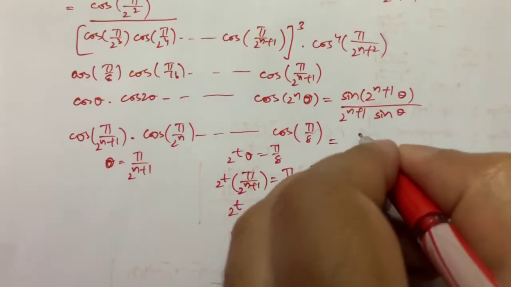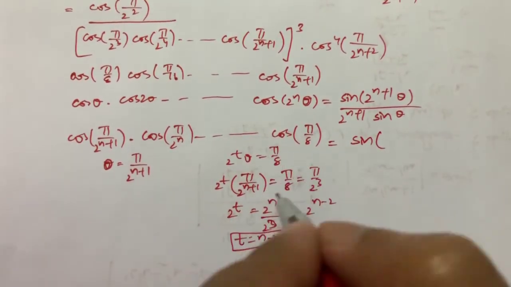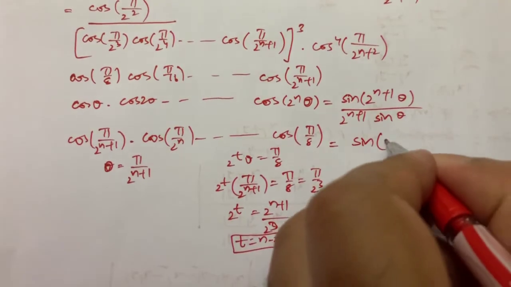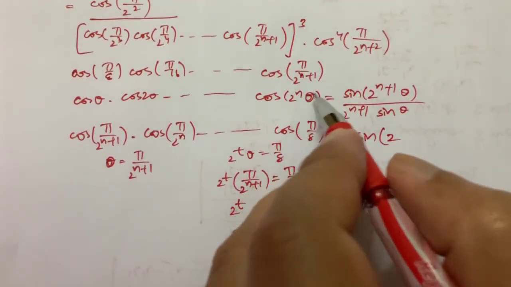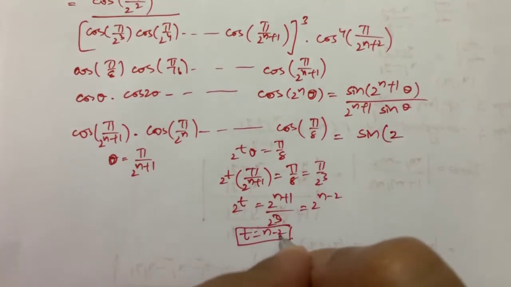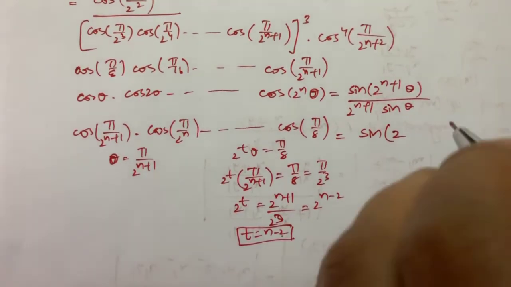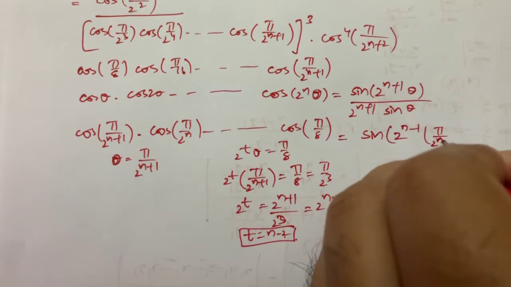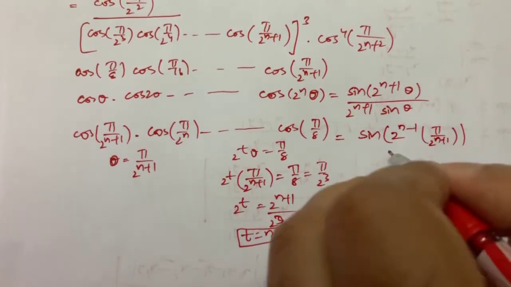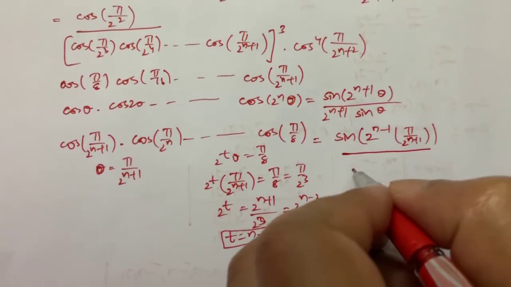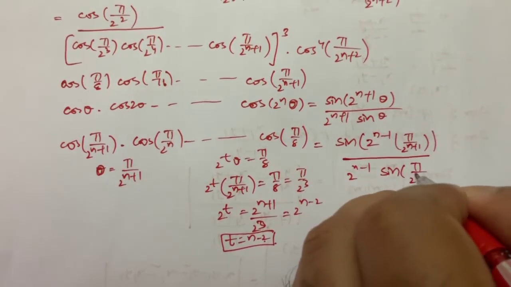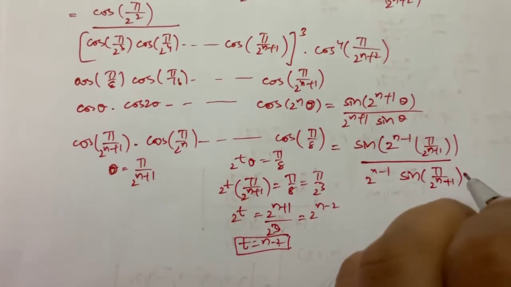So, this is 2 power n minus 2 into theta. Here we will get sin of, so how many terms we have? If you have 2 power n plus 1, here we will have 2 power n minus 2. So, it is 2 power n minus 1 pi by 2 power n plus 1, by 2 power n minus 1 sin pi by 2 power n plus 1.